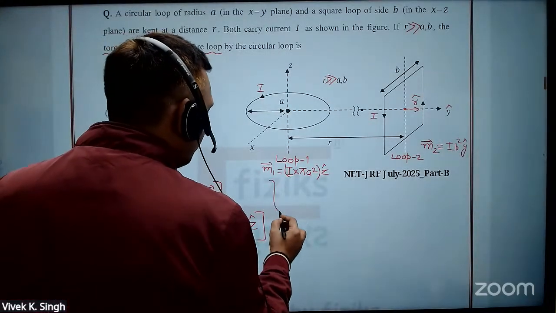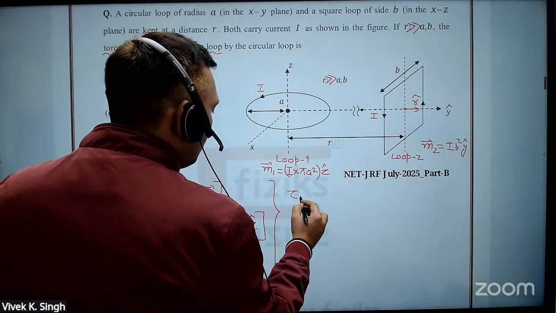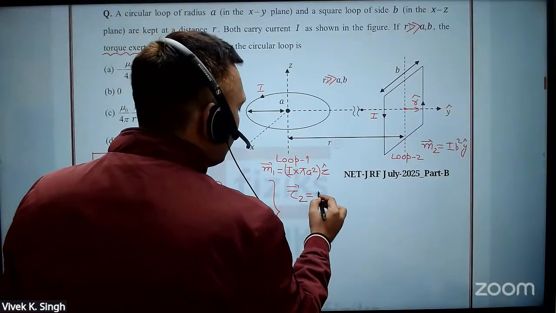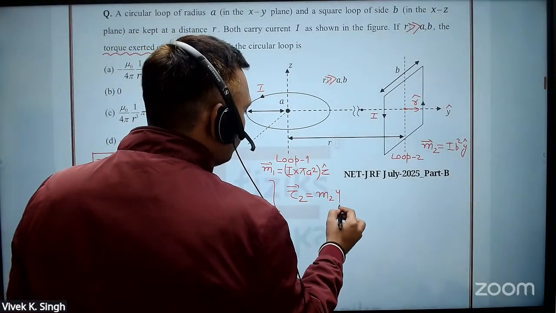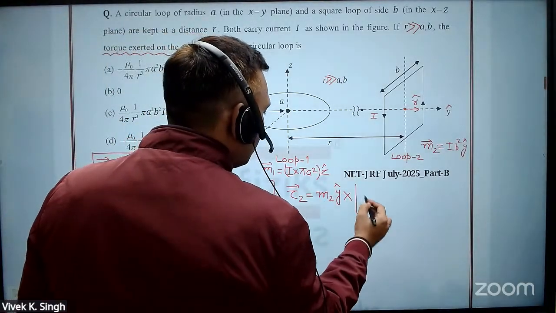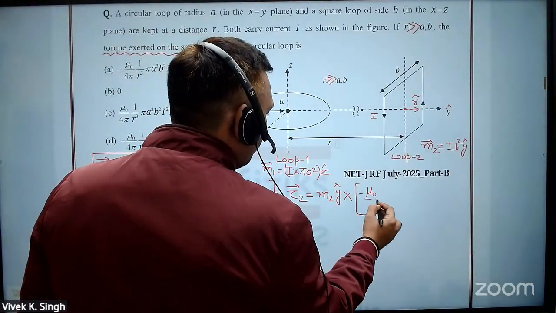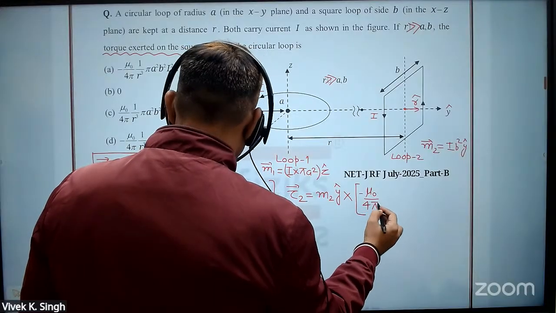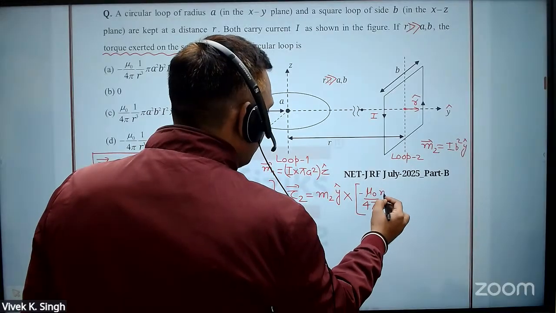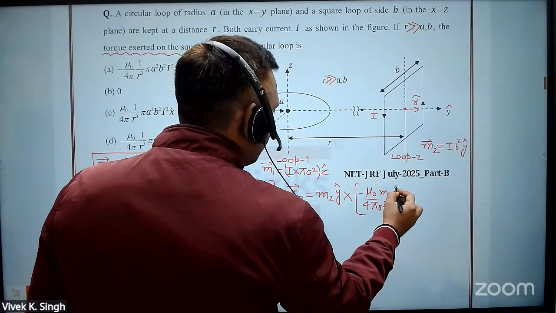Now the torque is given by M2. M2, let's take it as M2 y cap. And B1, I am taking minus mu naught by 4 pi r cube M1 z cap.